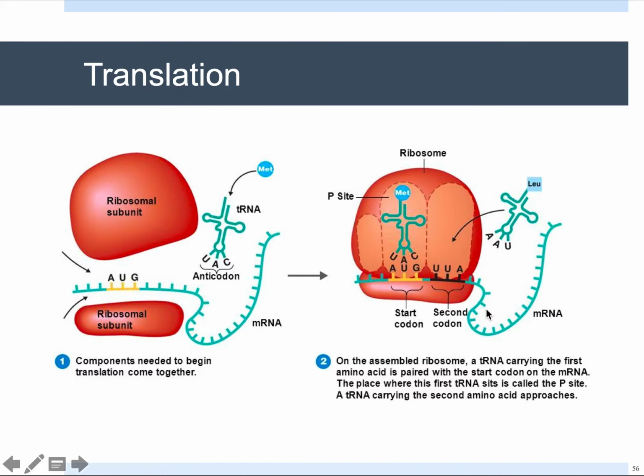So pictorially, this is how the process happens. You have the ribosomal subunits, the small unit and the large unit. The messenger RNA, which contains the start codon, will be here. You would have transfer RNA that has complementary anticodons.